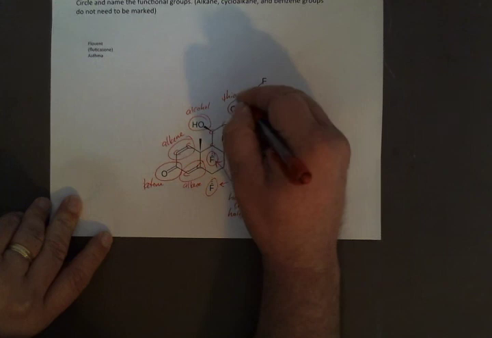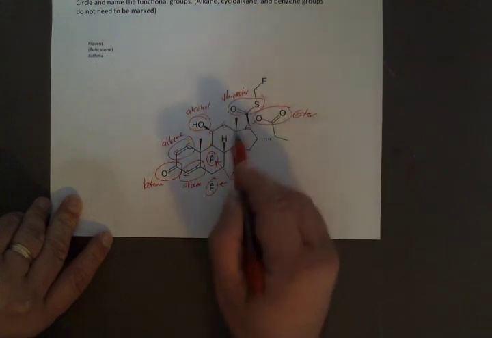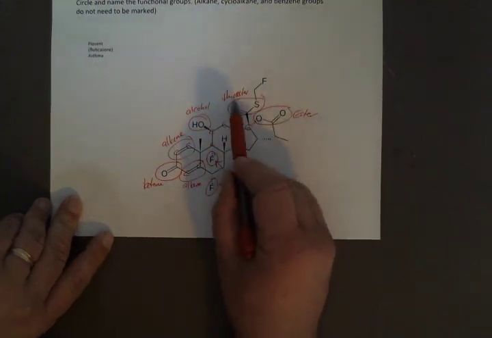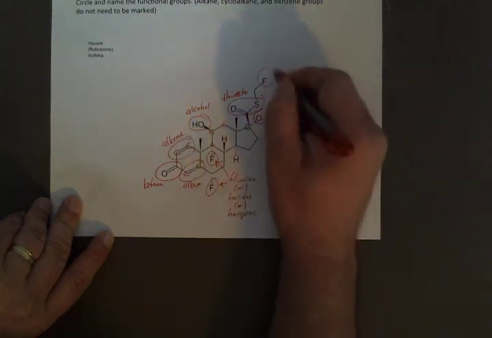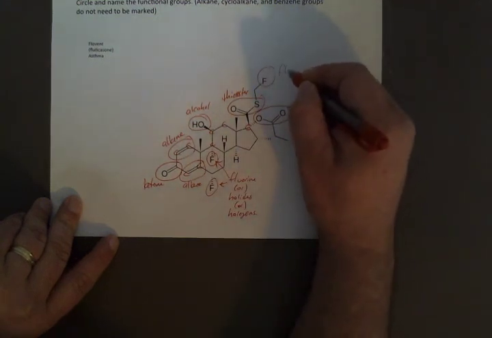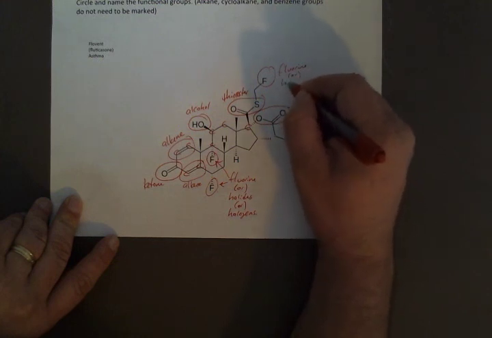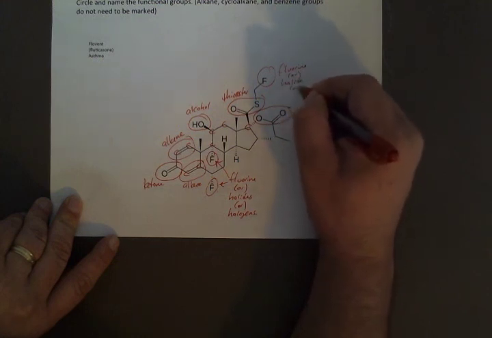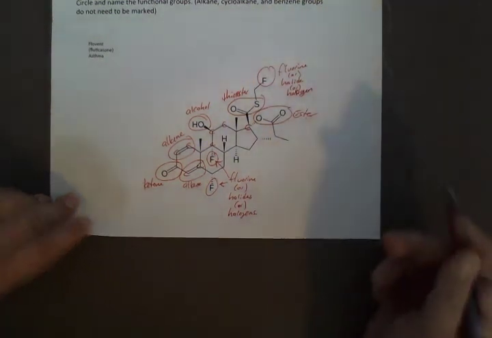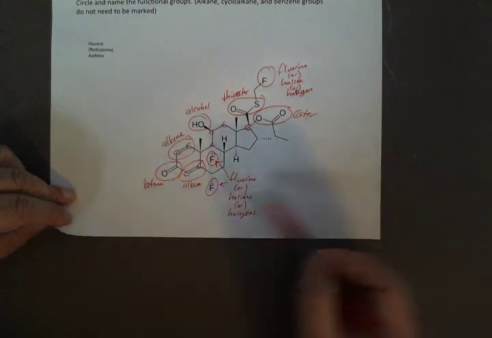So this is a thioester, the sulfur version of an ester. And again, you have this fluorine, or halide, or halogen. I don't care. Halogen. So there you go. Very similar to the other one.